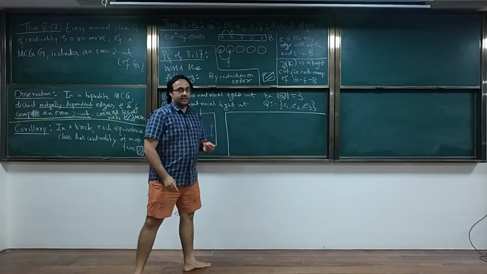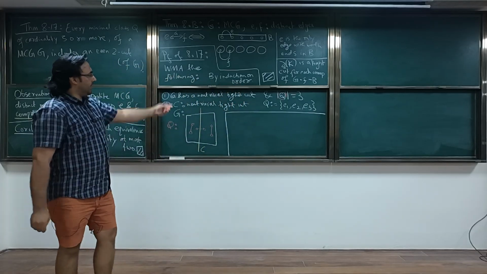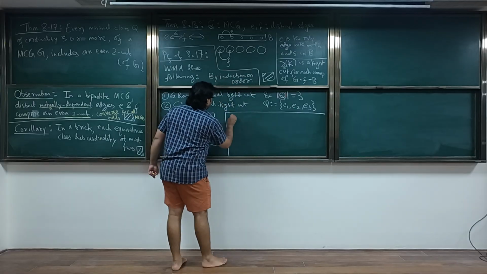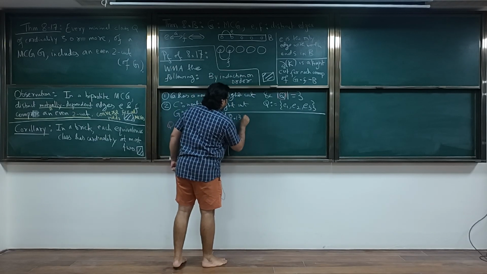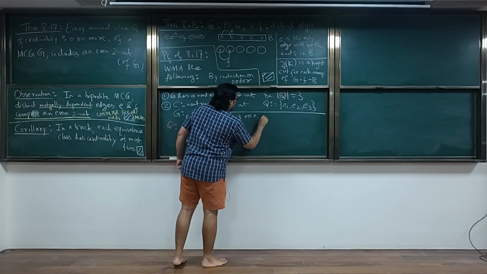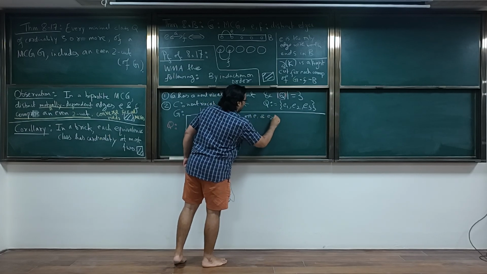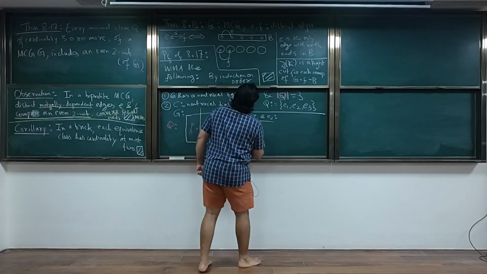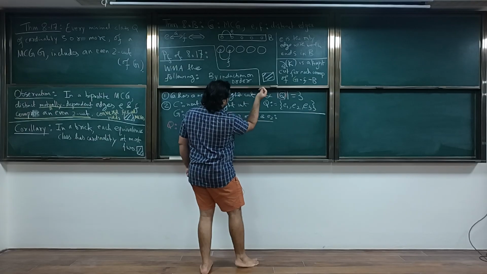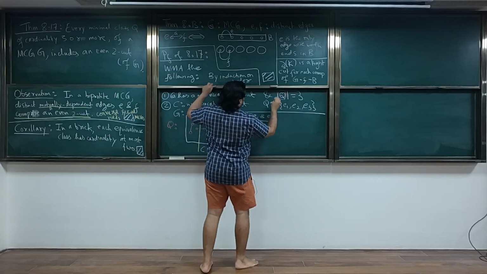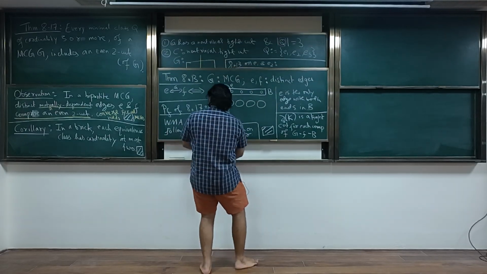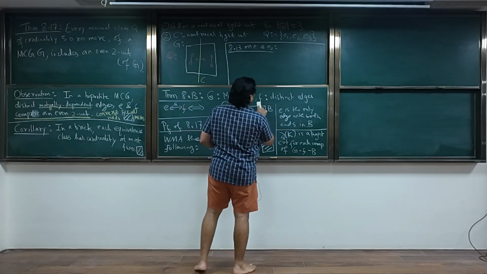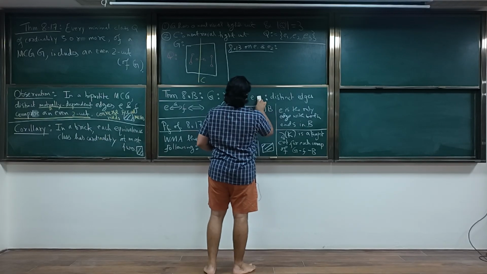Having made these observations, we invoke theorem 8.13 on E1 and E2. And we get a drawing like this. Basically, maybe I'll just change the drawing here. So instead of E and F, I'm going to make it E1 and E2.